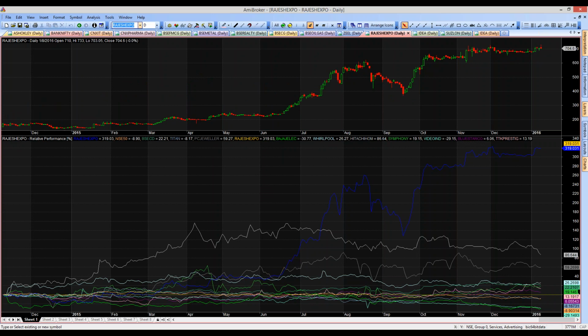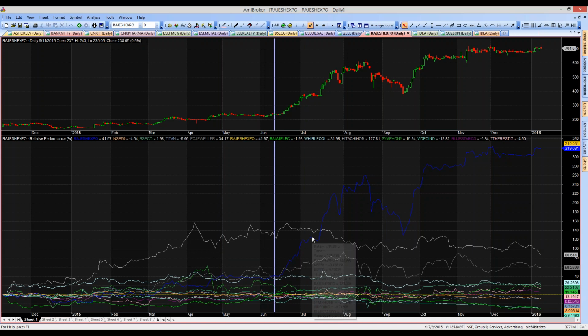So if I put this here, you can see first of all that yellow became blue because that's the active stock now, and in the last about 7-8 months it's gone from 200 to 700 rupees. And if we had been looking at this, let's say July or June of last year, you'd have seen that it is doing really, really well.